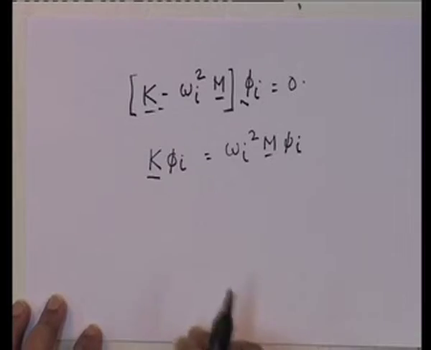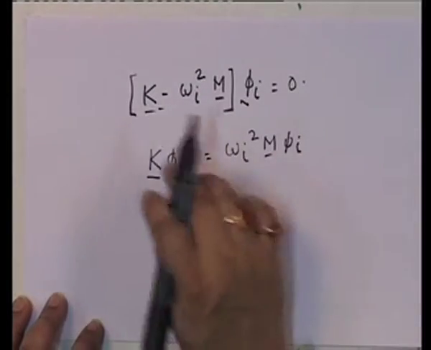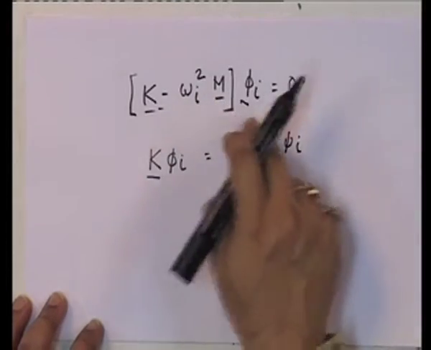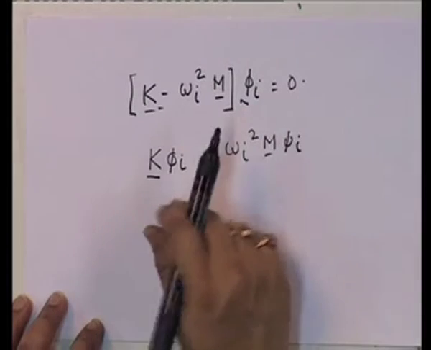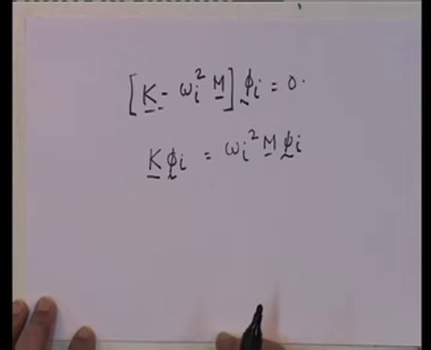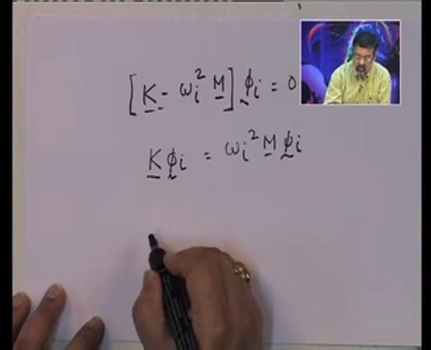I've just taken this to the other side. So it's k phi I minus omega I squared m phi I is equal to 0. Therefore, k phi I is equal to omega I squared m phi I. Accept that?